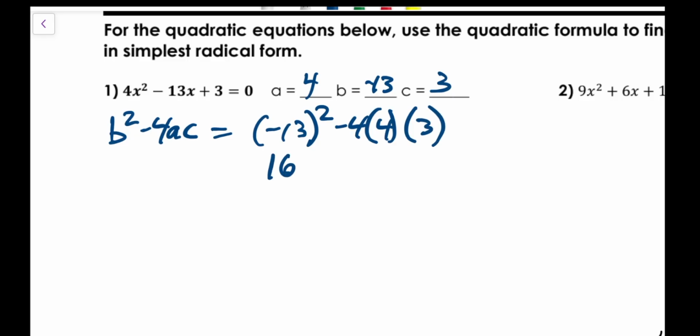That's 169 minus 16 times 3, 48. And that would be, let's see, it ends with a 1. 6 minus 4 is 2. It's 121. It's positive, and positive means two solutions. Two real solutions, I should say.